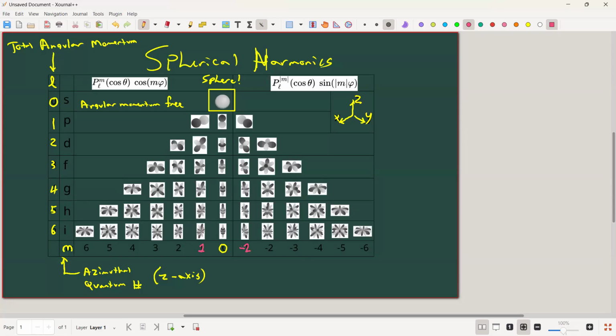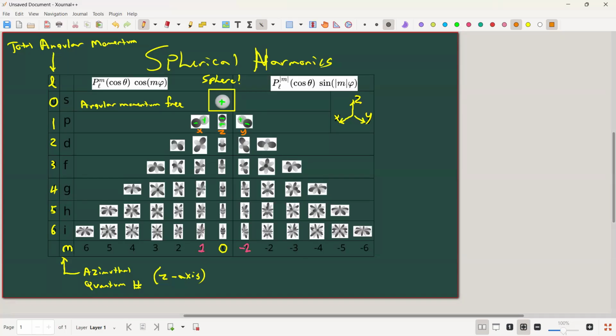The important thing to notice is that, first of all, the sign changes, so these are odd functions, whereas the L equals 0 state is an even function. And each of these is aligned along one of the axes. This one is lying along the x, this is lying along the z, and this is lying along the y. So we often call these the x, z, and y orbitals of L equals 1.